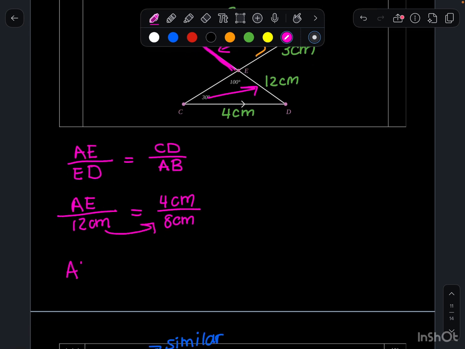So AE is going to be 4 centimeters divided by 8 centimeters times 12 centimeters, which is 6 centimeters.